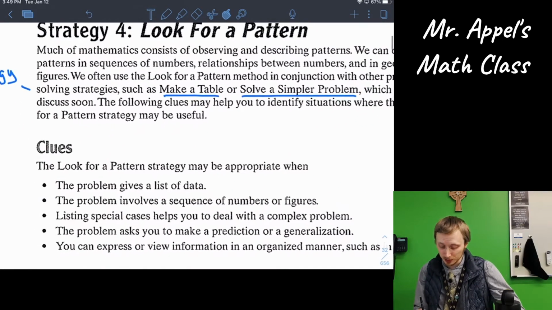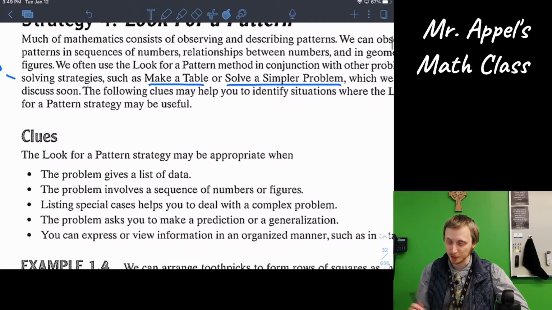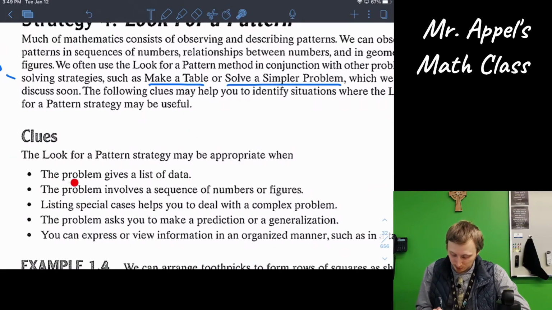So some clues where you might want to look for a pattern. The problem gives a list of data. The problem involves a sequence of numbers or figures. List, sequence. Listing special cases helps you to deal with a complex problem. Special cases.